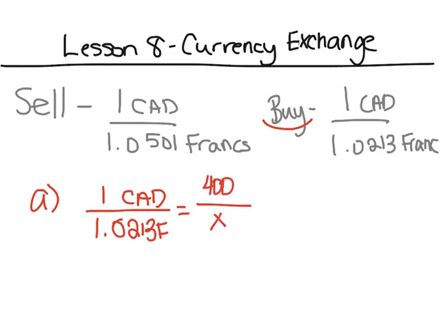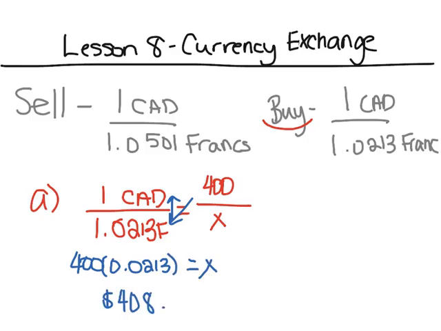So we go over X, cross multiply, and divide. We have 400 times 1.0213, and we're left with 408.52. This would be in francs. I don't know what sign they use. I've never been to Switzerland.